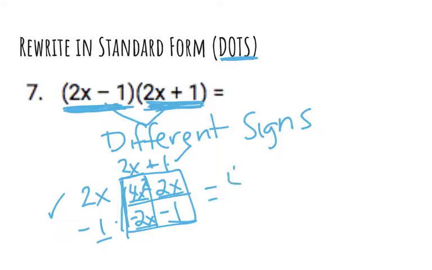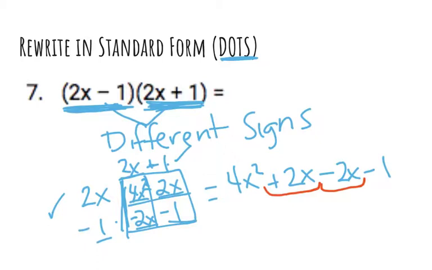So I've got 4x squared plus 2x minus 2x minus 1. Okay, do you see where the like terms are? All right, so I see them right here, a positive 2x and a negative 2x.